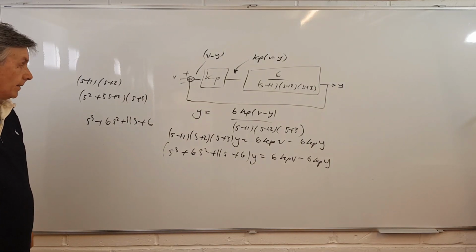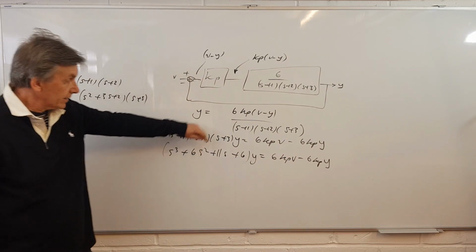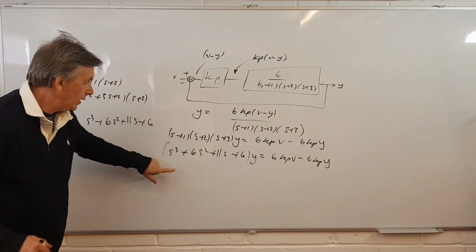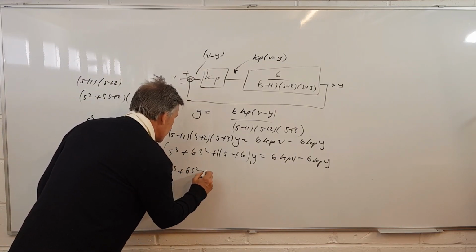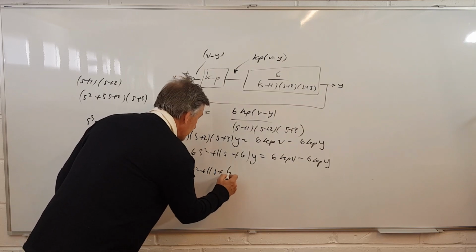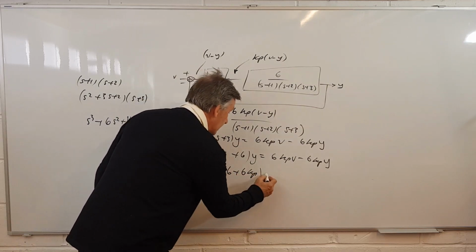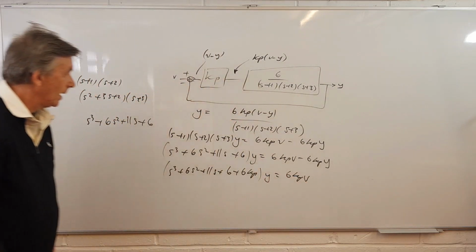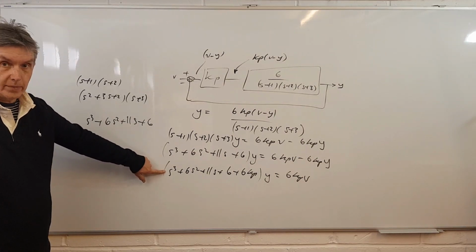Right, so our next thing is to move this term here onto this side. Remember now, as it jumps over here, it changes sign. So this equation becomes s cubed plus 6s squared plus 11s plus 6 plus 6Kp, times Y equals 6 Kp V. Now, this is the equation that we're going to put into the Hurwitz stability test.